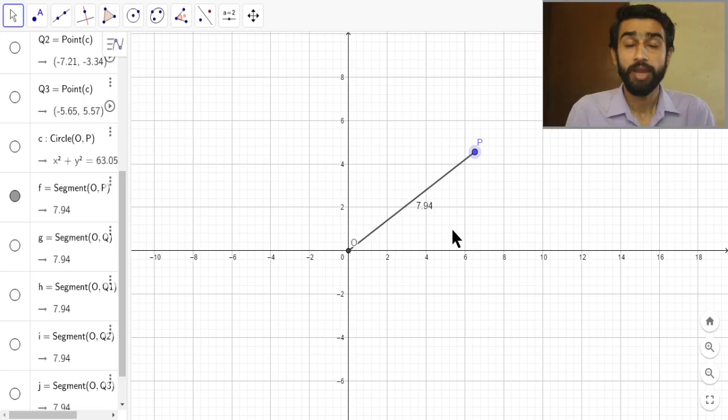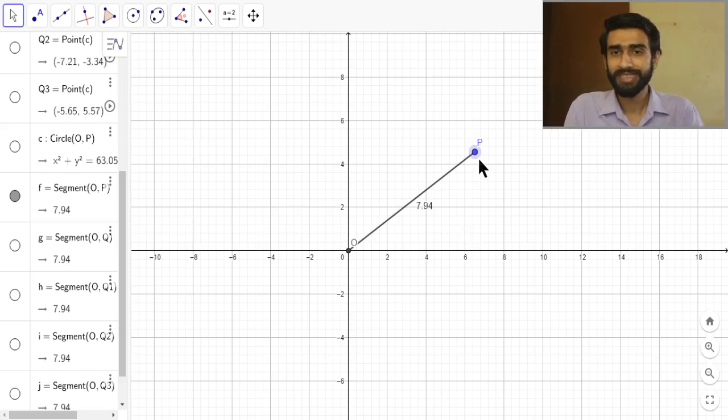Okay, now we will check the reflexiveness for this. What was the condition of the relation? A point is related to B if they are equidistant from origin. Now distance of P is 7.94. Let me make it integer.